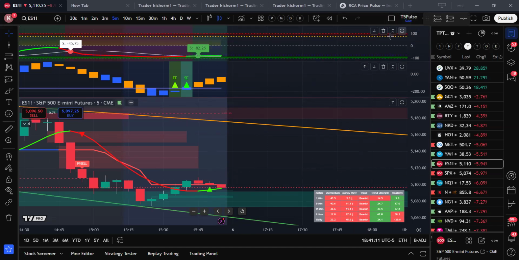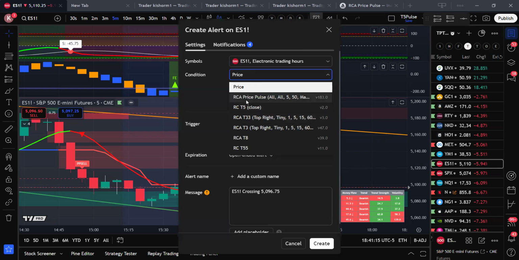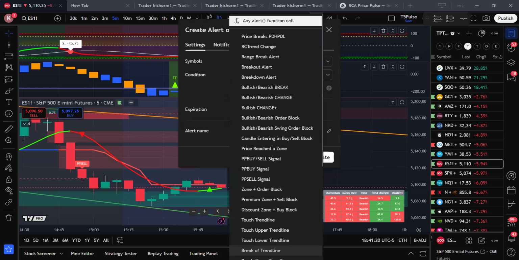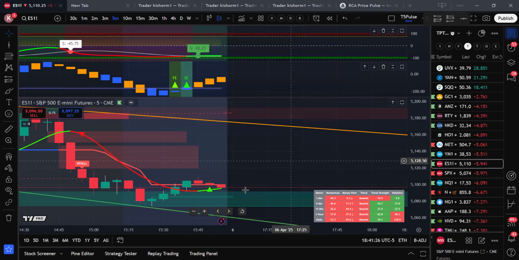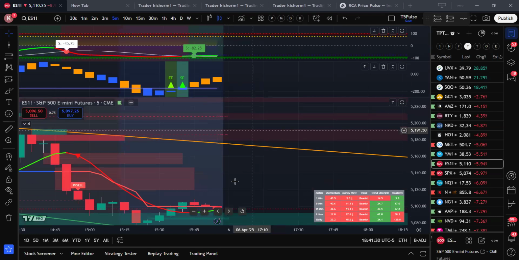Then you also have another alert, break of trend line. Sometimes suddenly there can be good news or something. If the trend line is breaking, that means there might be some major positive news, then you can go long.